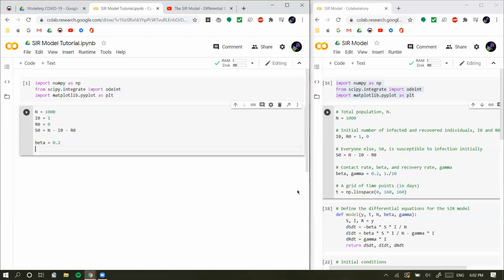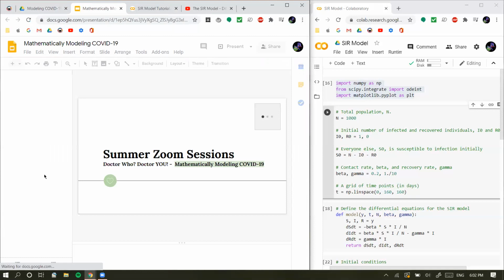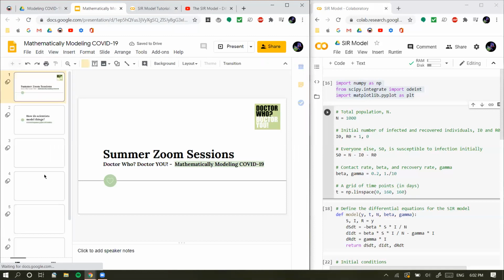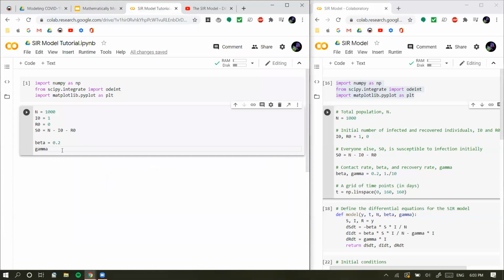And then one more little number, gamma, which if you remember, I'll pull that up actually, hold on. So gamma is the recovery rate, right? So it's how fast somebody recovers. And the number here is 0.1. So actually what that means is it's 1 over the time that it takes someone to recover.